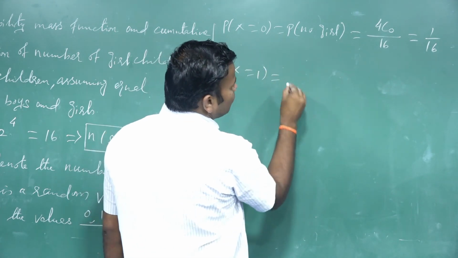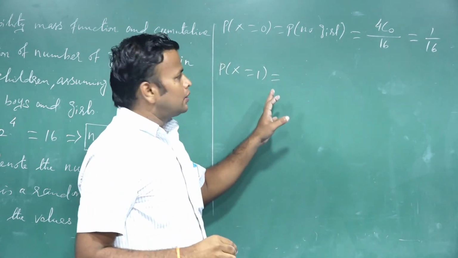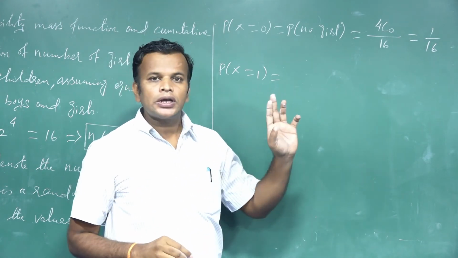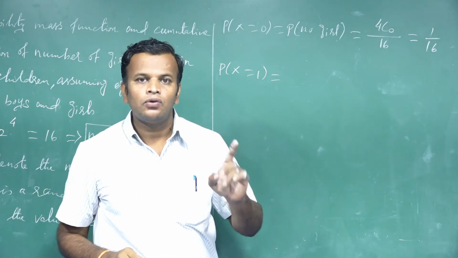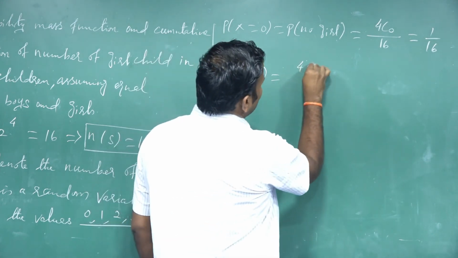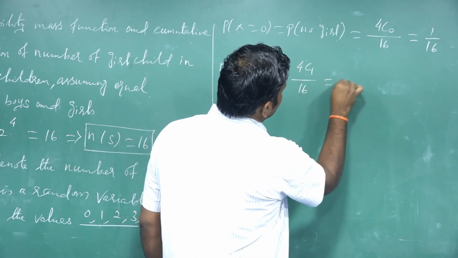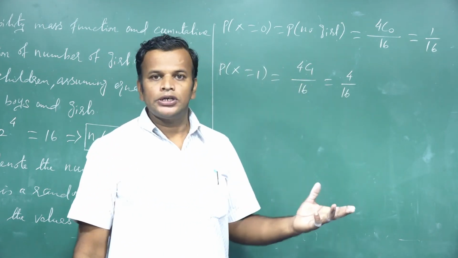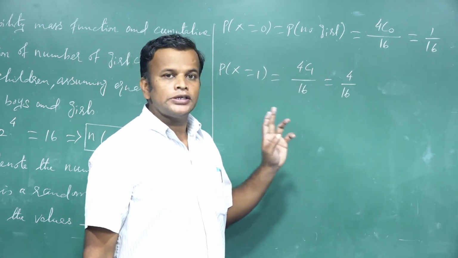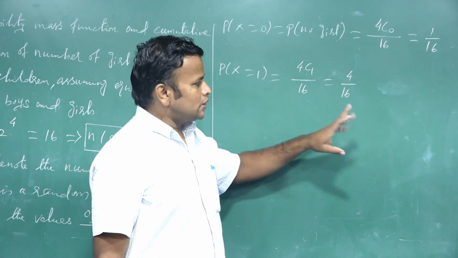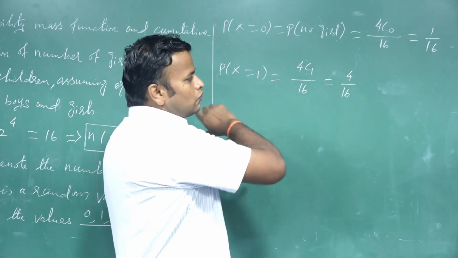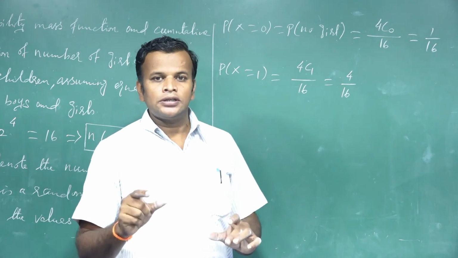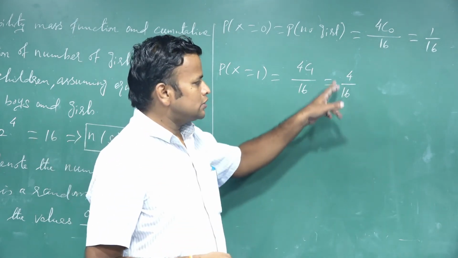Next, P of x equal to 1. I directly write the answer. P of x equal to 1 means the probability of getting 1 girl out of 4 children. So how to write? 4C1 by 16. The value of 4C1, you know very well in combination, is 4, so 4 by 16. There is a chance to cancel, but I don't cancel, because in the final answer of the probability mass function, I check that the total value is 1, so I leave it as it is.